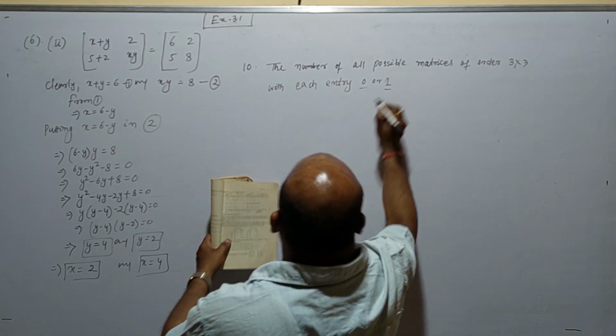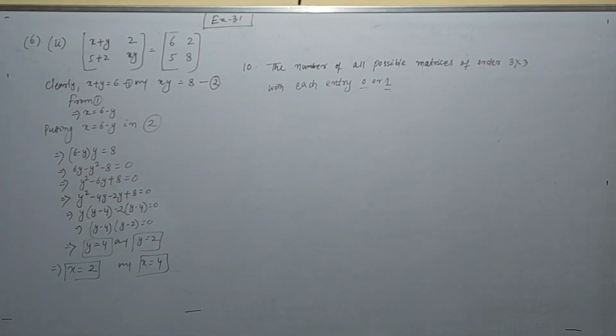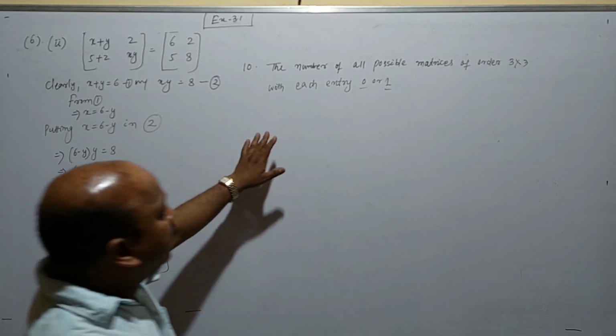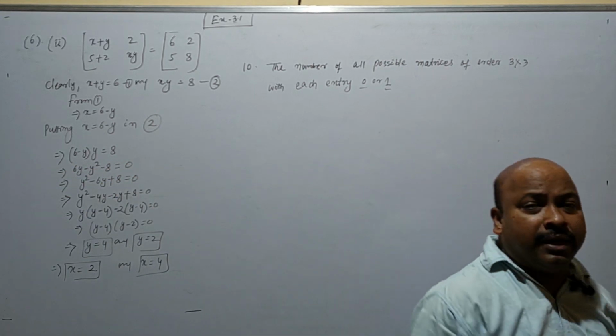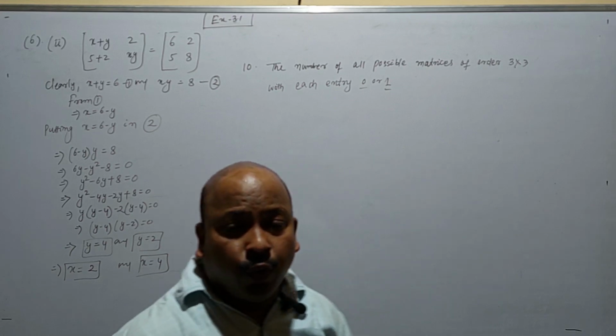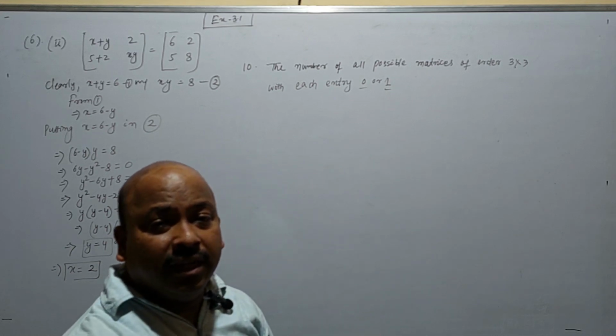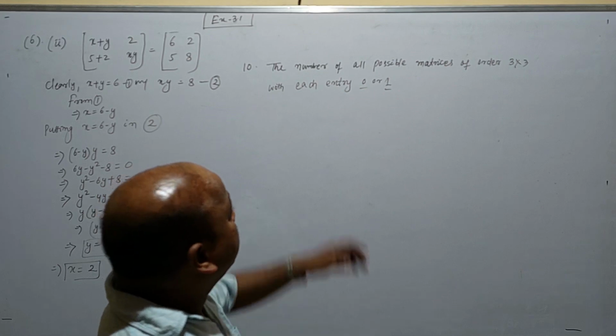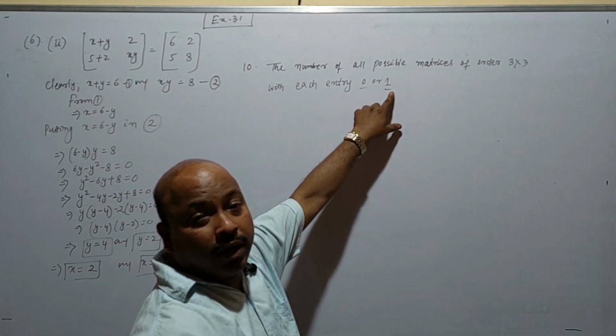It is saying that using the elements 0 or 1 only, we make a 3 by 3 matrix. So how many such matrices of order 3 by 3 are formed using 0 and or 1?